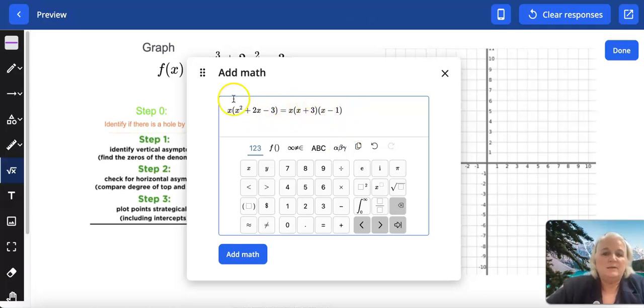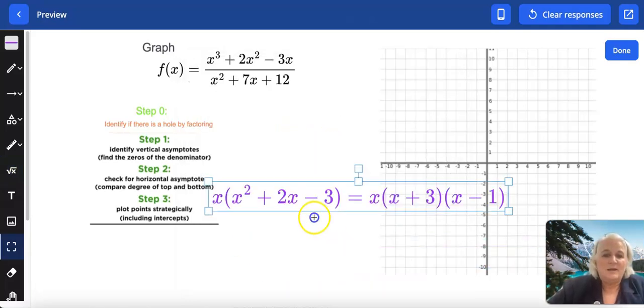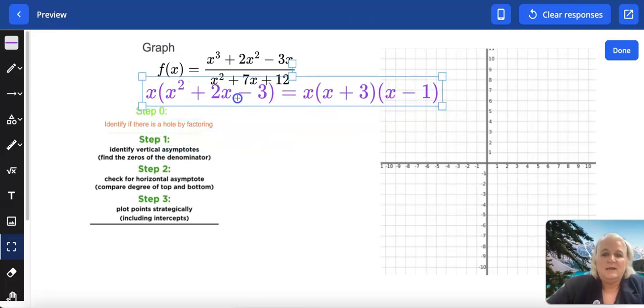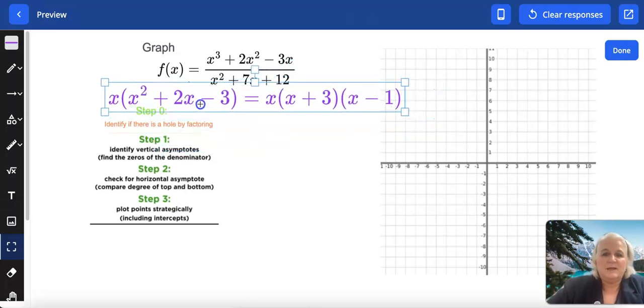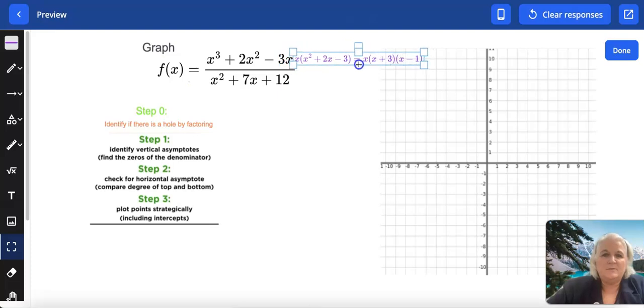So that works out, and then this x would be distributed to make the x cubed plus 2x squared minus 3x. And this is me showing my numerator, so I'm going to condense this down and put it right by my numerator. It goes into the graph, but that's okay.